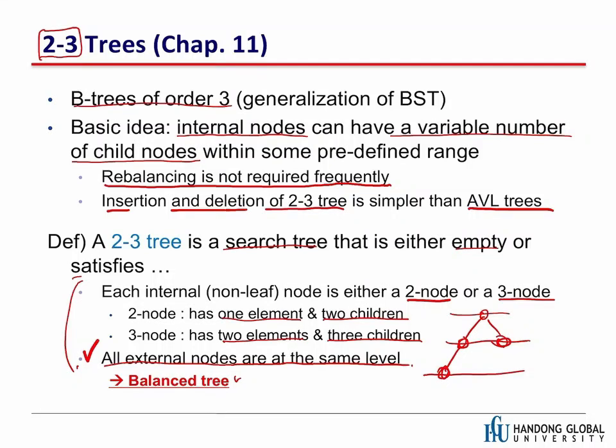This one is at level 3, and this one is at level 2. This is the best that we can get. They are at different levels, but with 2-3 trees, all the leaf nodes will be on the same level. That's one of the beauties of 2-3 trees.